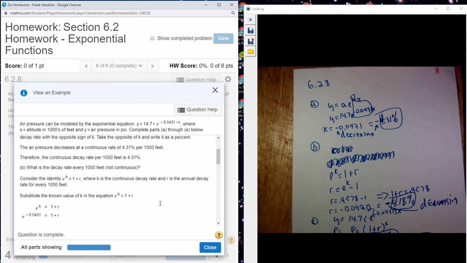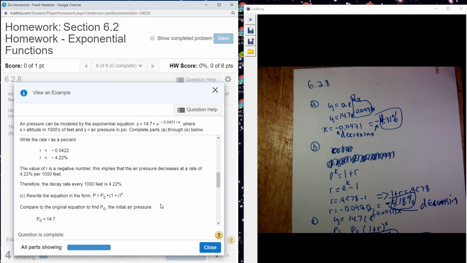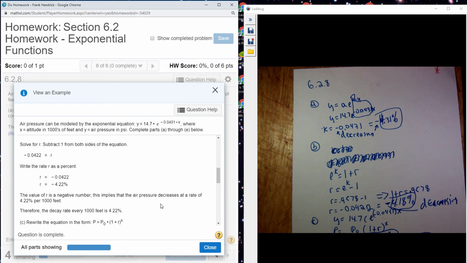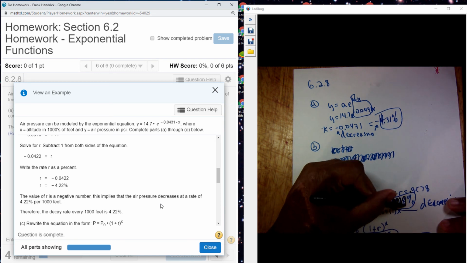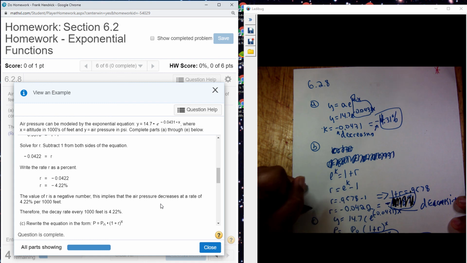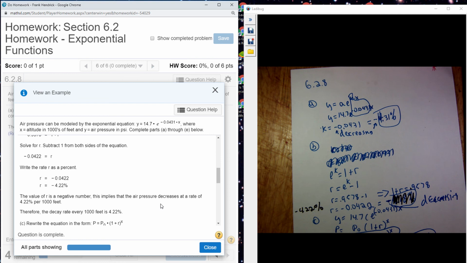It is decreasing, so that is our r there. That should be negative 4.22% for my r, as a percent.